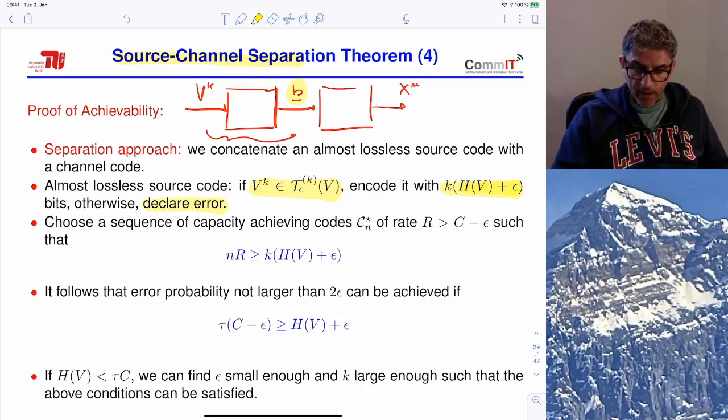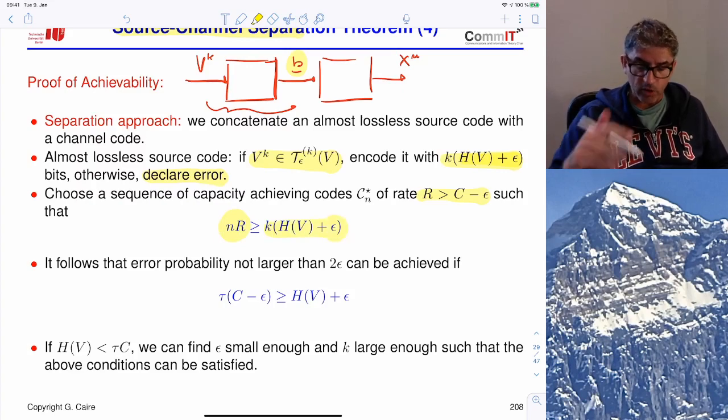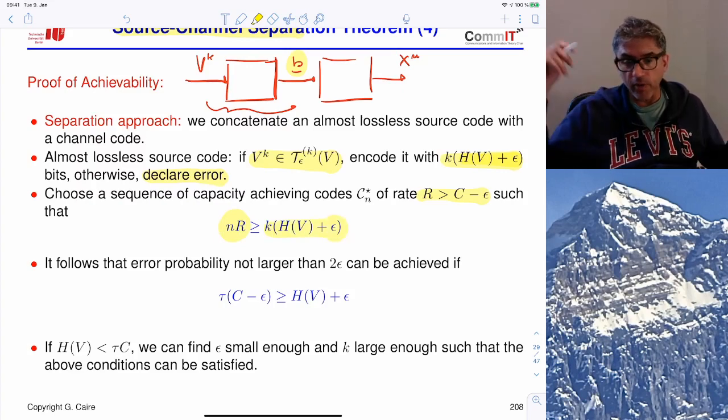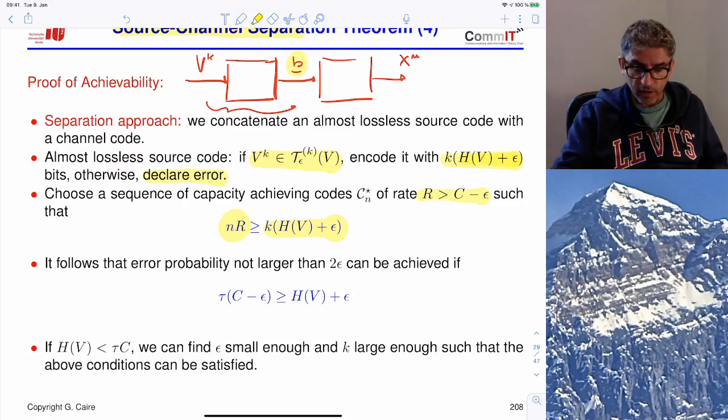For the channel part, we choose a sequence of capacity-achieving codes with rate arbitrarily close to capacity. All that we need is that the number of bits per codeword must be greater than or equal to the number of bits produced by the source encoder, so we can map all the outputs of the source encoder into codewords.